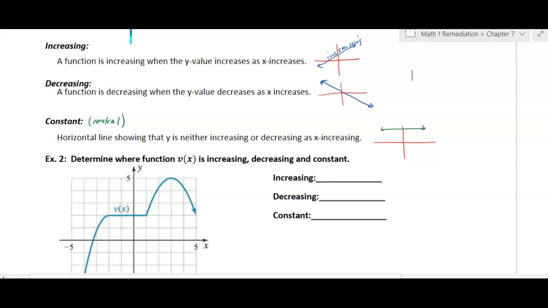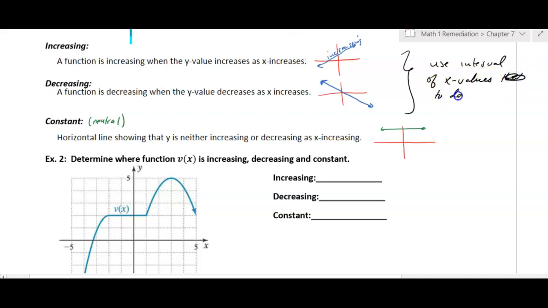So anytime we describe where a function is increasing or decreasing, we always use the interval of x values, right?